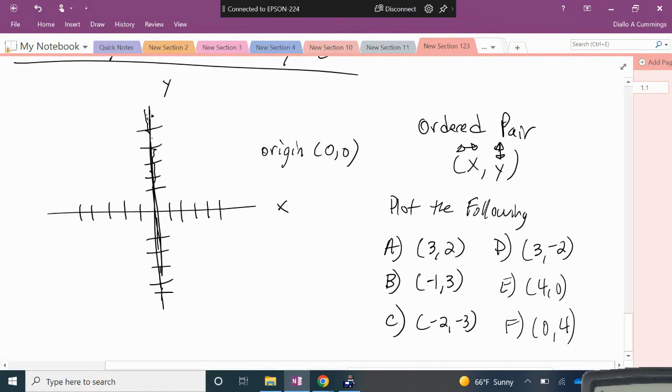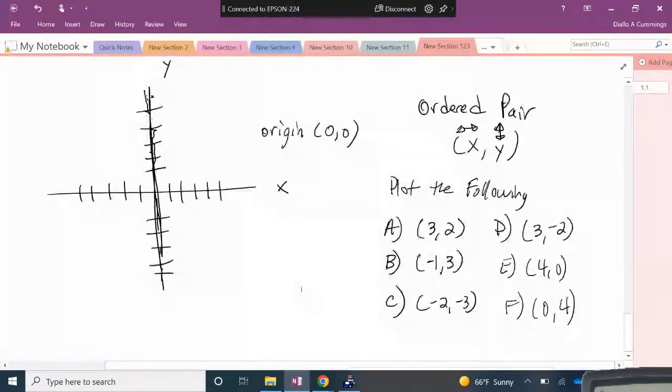So when plotting points, you always want to start at the origin. Since x is +3, I'm going to go 3 places to the right. Since my vertical component is +2, I'm going to go up 2, and that is the plot for point A, right? And A is in the first quadrant.